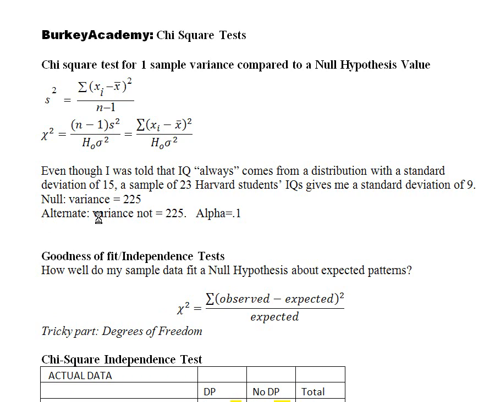So we're going to have 0.05 in the left tail, and we're going to have 0.05 in the right tail. So if we want to look up our chi-squared critical values, let's go get a table here. Remember, we're going to have 0.05 in each tail.